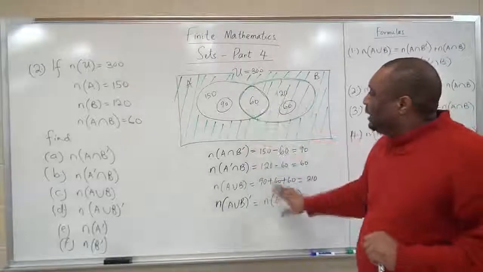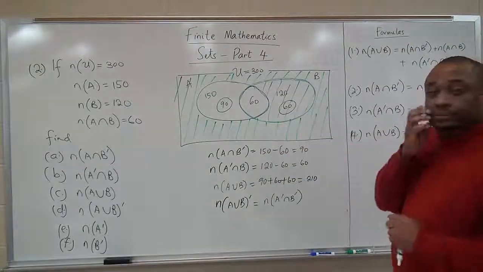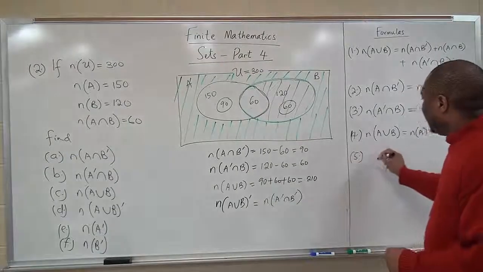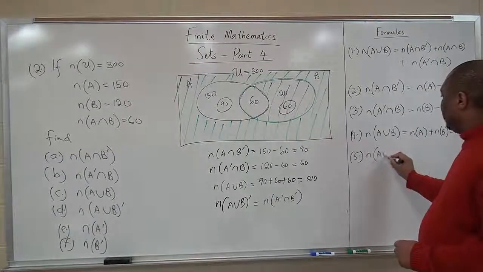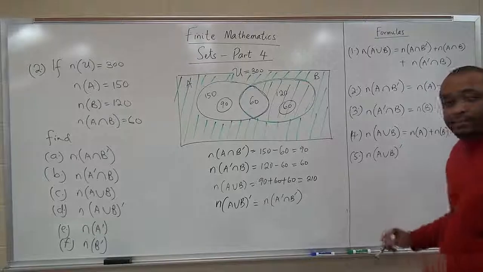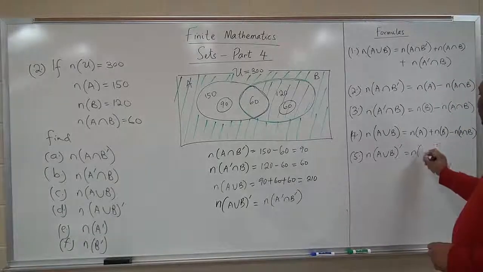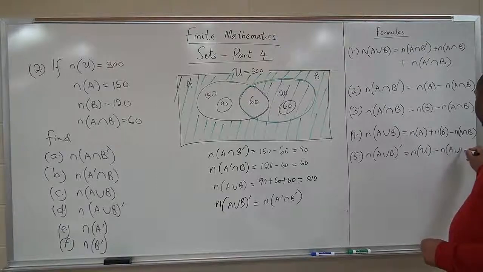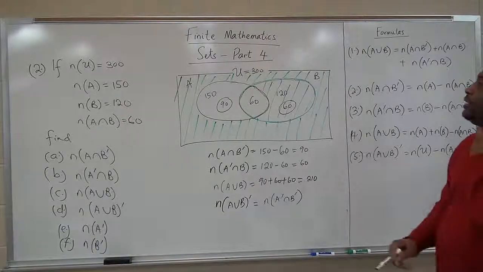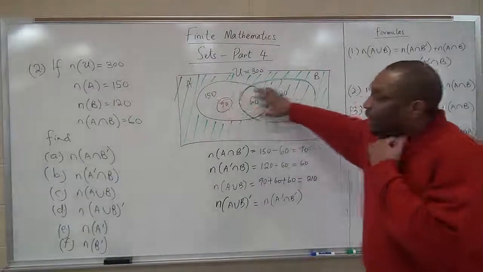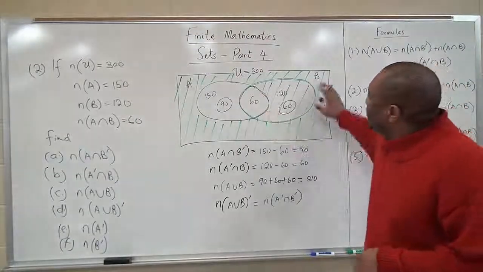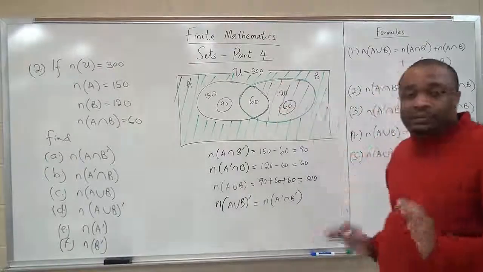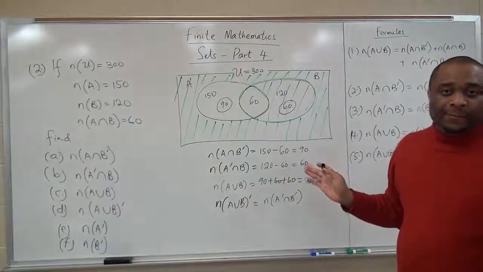I'm going to give you the formula now, number 5. The cardinality of A union B all prime is the cardinality of the universal set minus cardinality of A union B. Because A union B plus A union B all prime gives you the universal set.